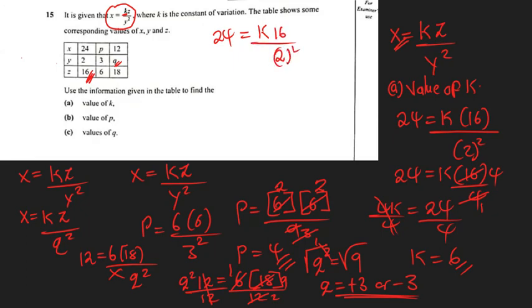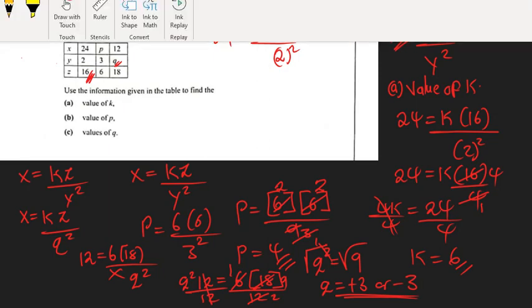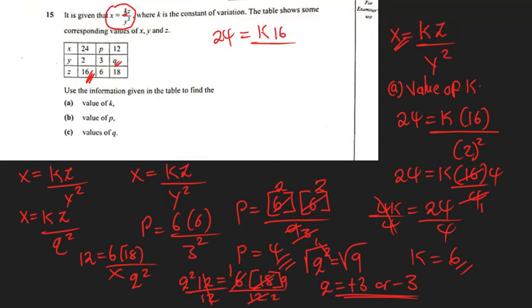So 4 into 16 is 4, so 4k is equal to 24. k is 6, and then you get your final answer.